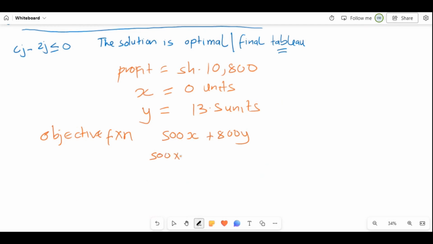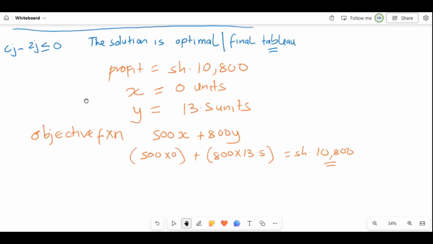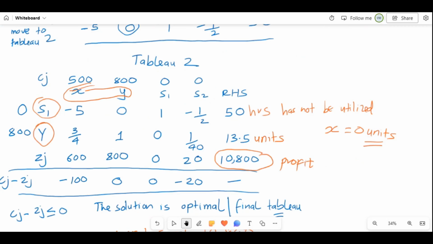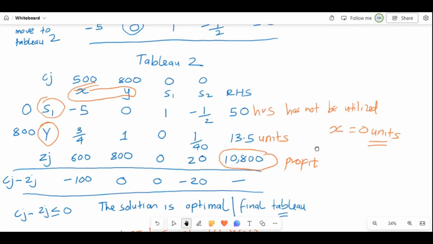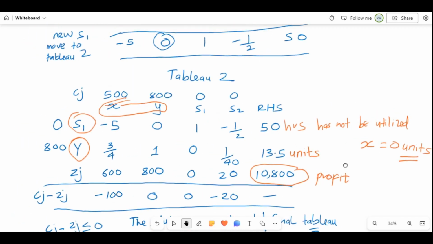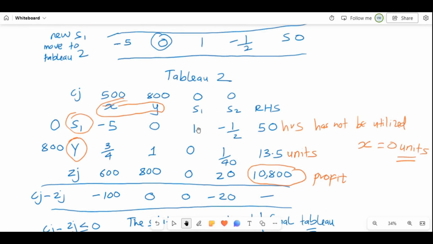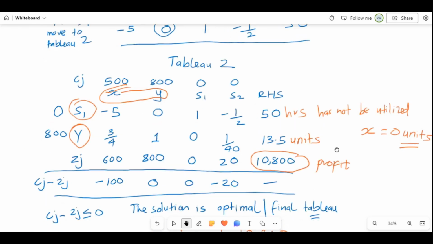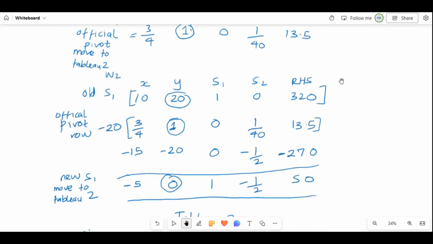So it is 500 times 0 plus 800 times 13.5, which you can clearly see will give us the same profit of 10,800. But let's go to our constraint and see whether what we are saying is true, that the only constraint that should be unutilized is S1, and we are saying it's 50. So let's see whether that will be true.